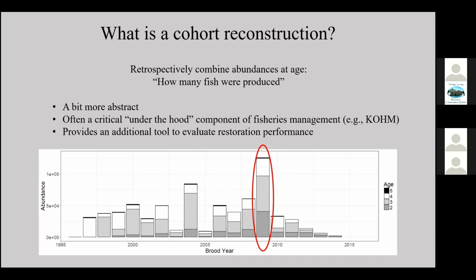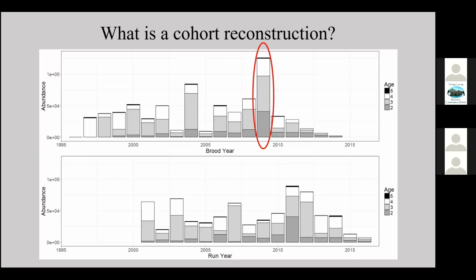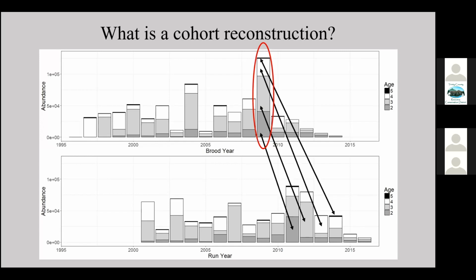So as an example, all the fish produced in 2009 returned to freshwater in run years 2011 through 2014.